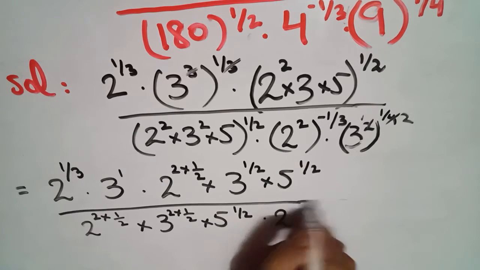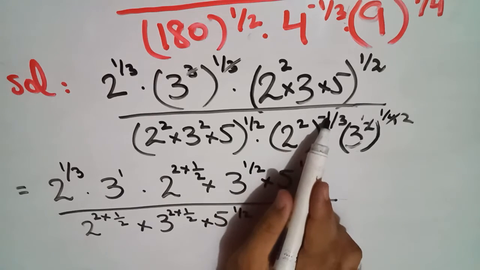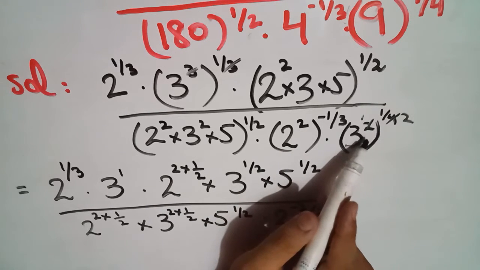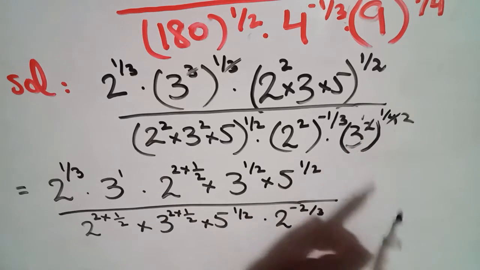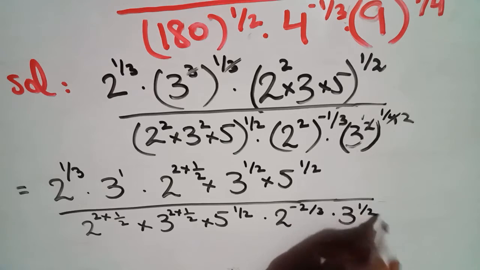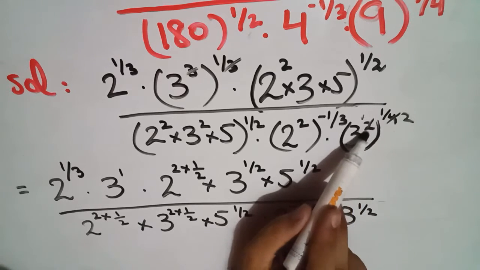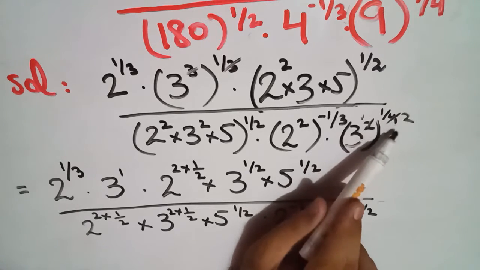So 2 raised to power minus 2 by 3. This will be multiplied with this one. Here you have cancelled it, so the remaining is 1 by 2, 3 raised to power 1 by 2, because 2 has cancelled the 4 into 2. 2 ones are 2, 2 twos are 4.